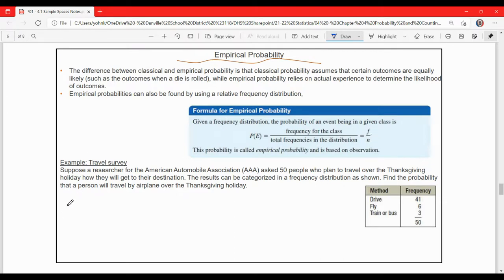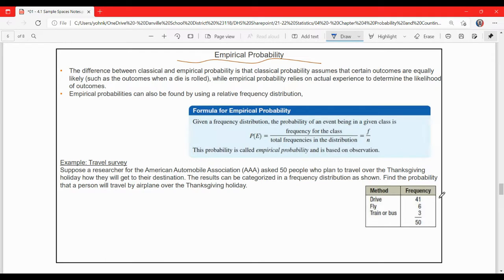For instance, this question says suppose a researcher for the American Automobile Association asked 50 people who plan to travel over the Thanksgiving holiday how they get to their destination. The results can be categorized in a frequency distribution as shown. Find the probability that a person will travel by airplane over the Thanksgiving holiday.